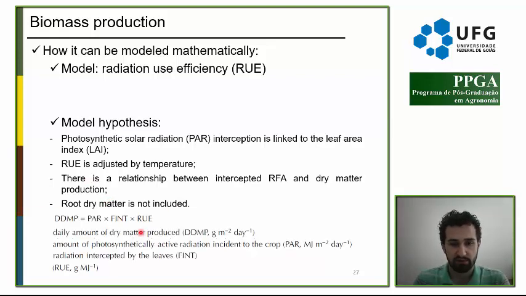And here is our equation, where the daily amount of dry matter produced is a function of the photosynthetically active radiation incident to the crop, multiplied by the radiation intercepted by the leaf, multiplied by the radiation use efficiency coefficient that defines how many grams are produced per solar radiation intercepted by the crop.